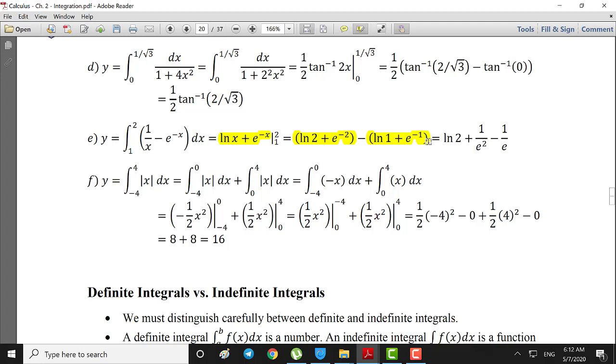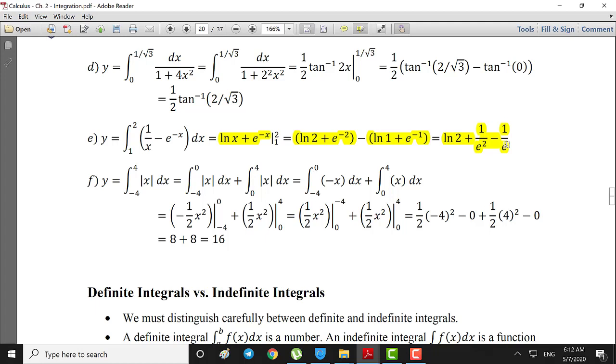Now, here we can do some simplifications because ln of 1 is equal to what? It is equal to 0. So the things that remain are ln of 2, 1 over e to the 2, and 1 minus 1 over e.